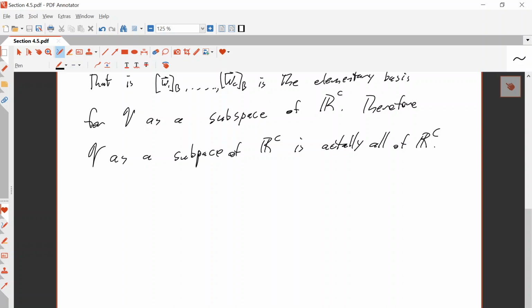All right, well, one thing that comes out of this that's very nice is the following. Let C equal to U1 to UM be another basis for V. What is M compared to C? They must be the same.